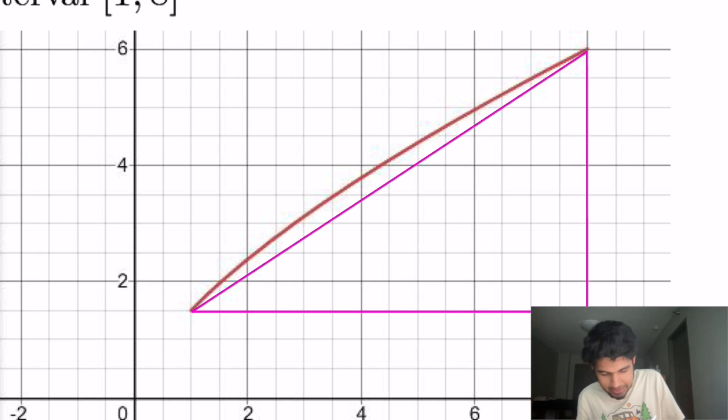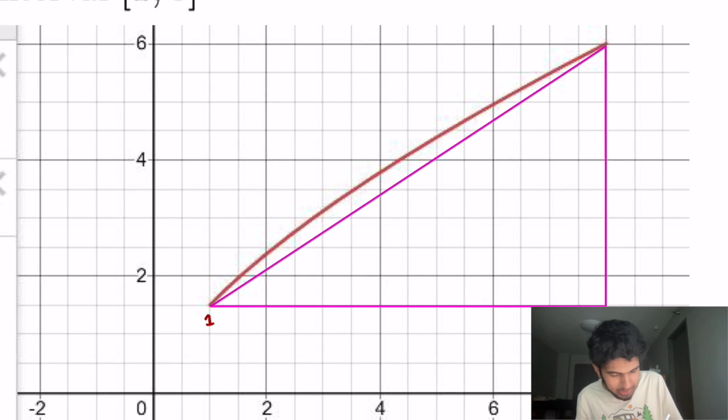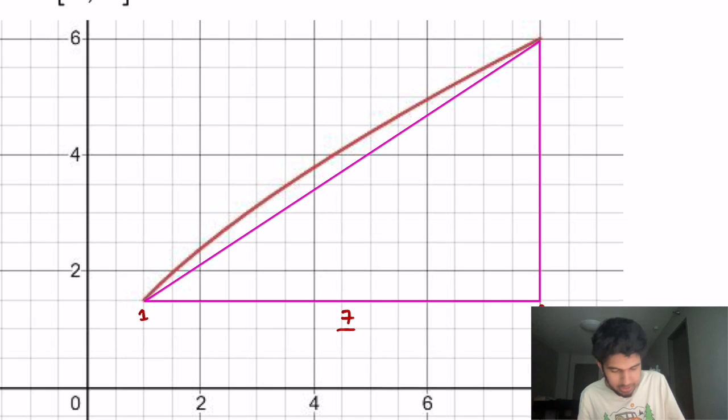So the base starts at 1 and ends at 8, so that has length 7. And the height goes from here, which is 1.5, upwards to 6. So this is 4.5.